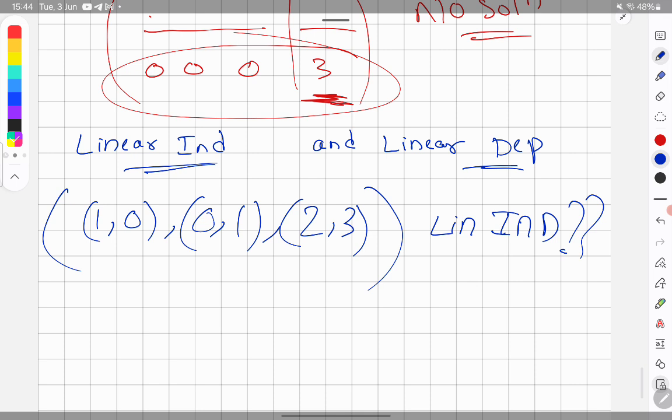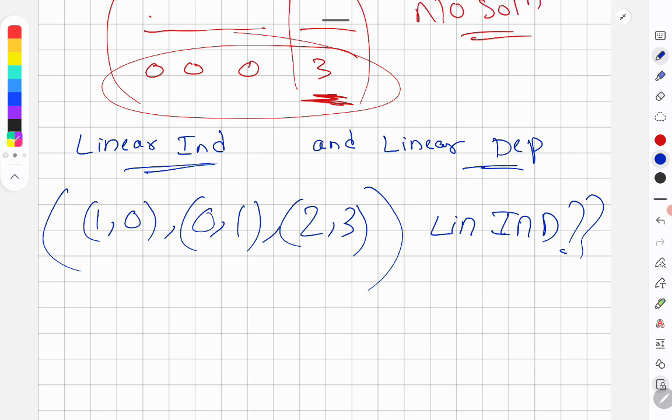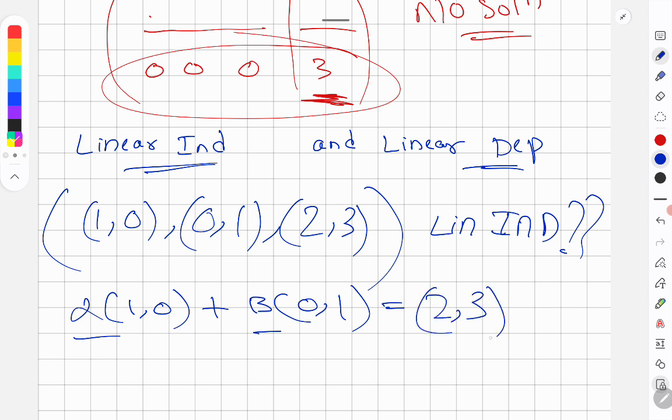We can find a value for alpha and beta, so this third vector is linearly dependent. If you don't get values for alpha and beta, they are linear independent. If you get some value for alpha and beta, they are linear dependent. So alpha can be 2 and beta can be 3.